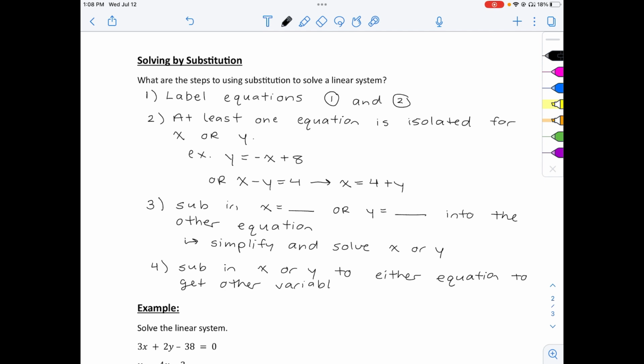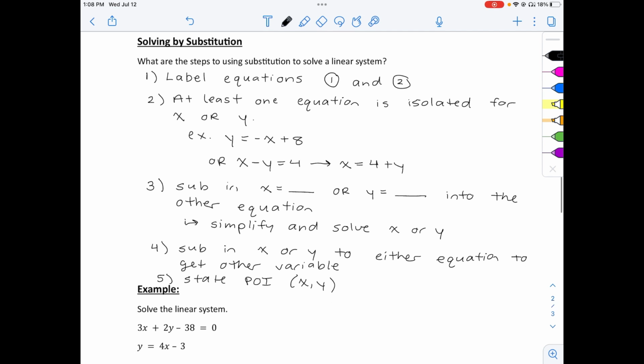Then, similar to when we are solving by graphing, you need to state your solution as a point of intersection. So you'll just state the POI as a coordinate x, y. Hopefully that makes sense in words, but it will make a lot more sense once you see the example with some actual numbers.